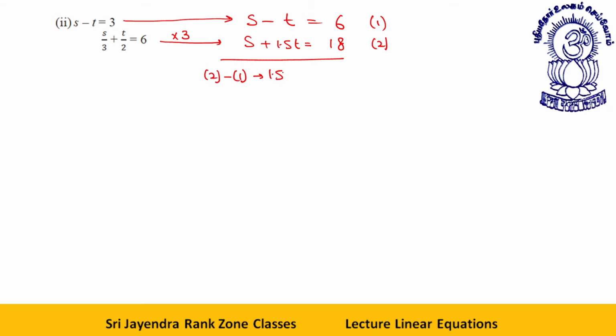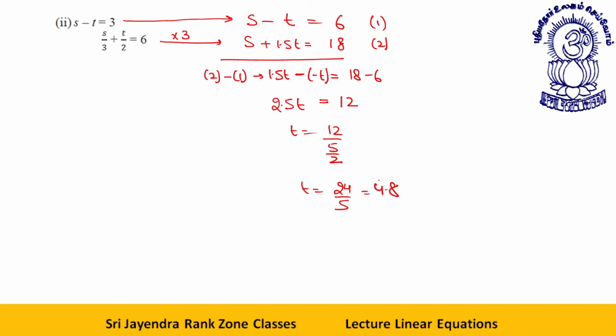This will be 1.5t minus s and s will cancel, minus t is equal to 18 minus 6, that is 2.5t is equal to 12, or t is equal to 12 upon 5 by 2, that is 24 by 5 or 4.8.